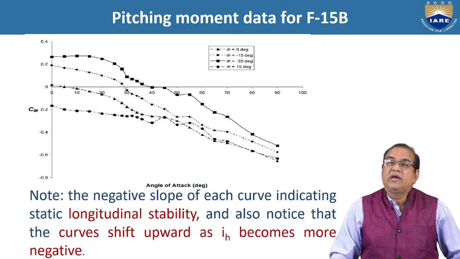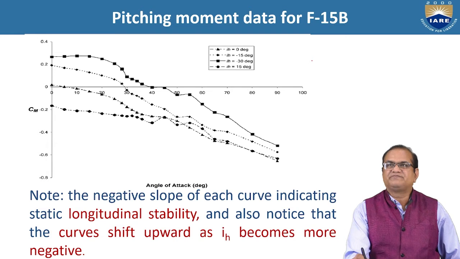So now, in the previous diagram, we have seen CL versus alpha. Now in this one, coefficient of moment versus alpha.